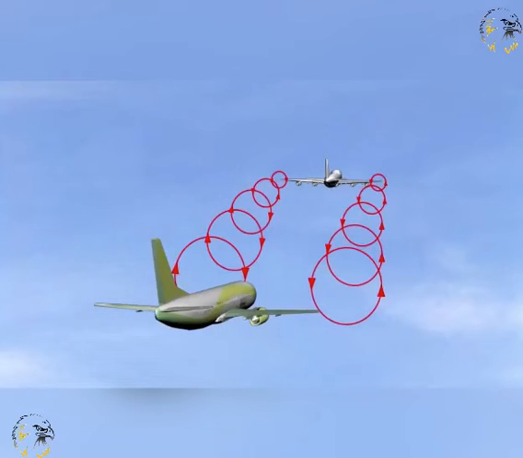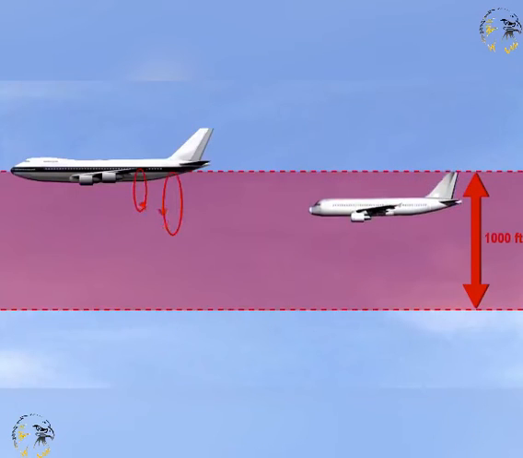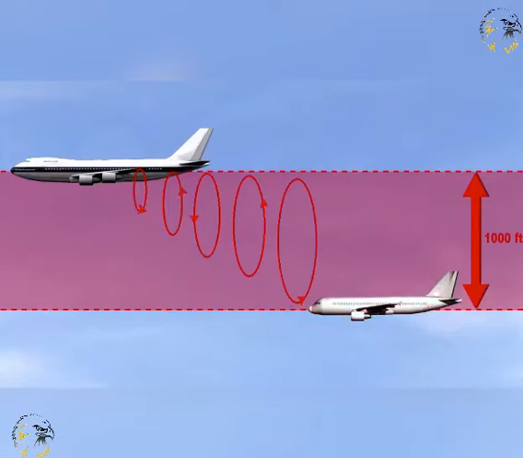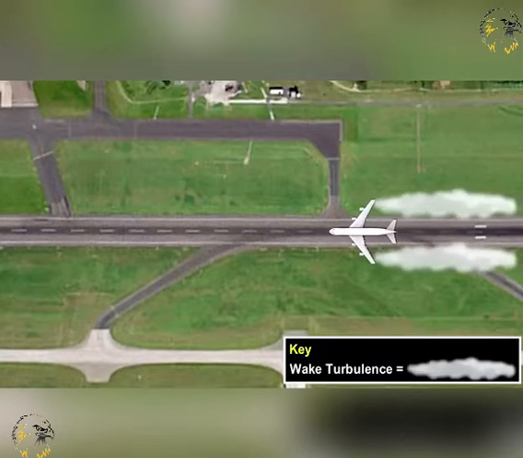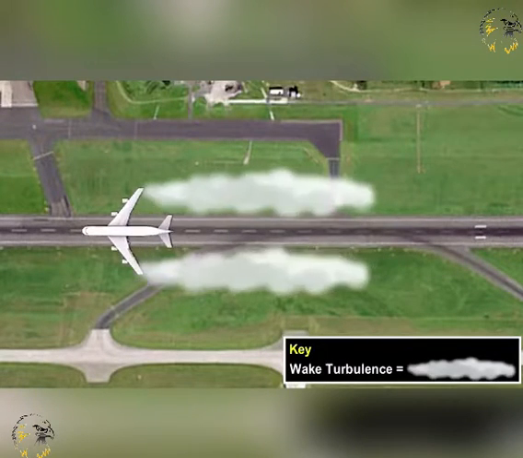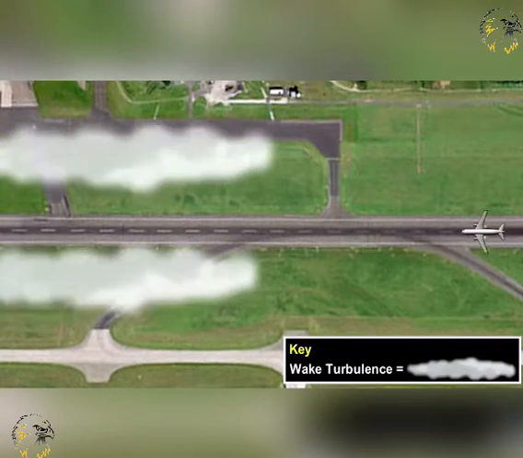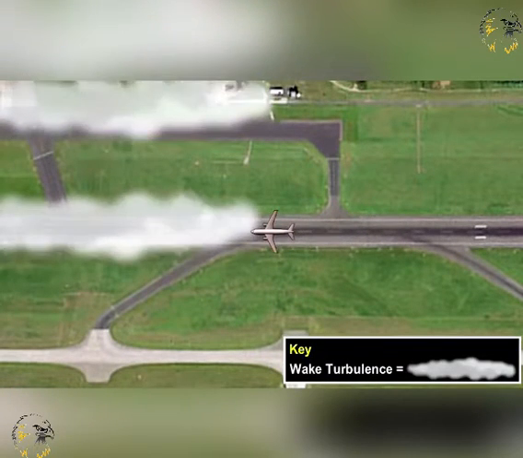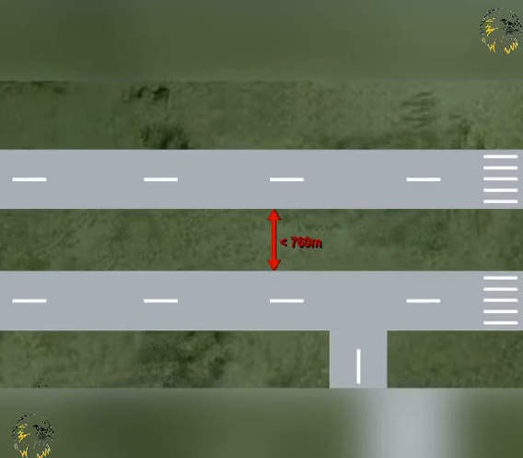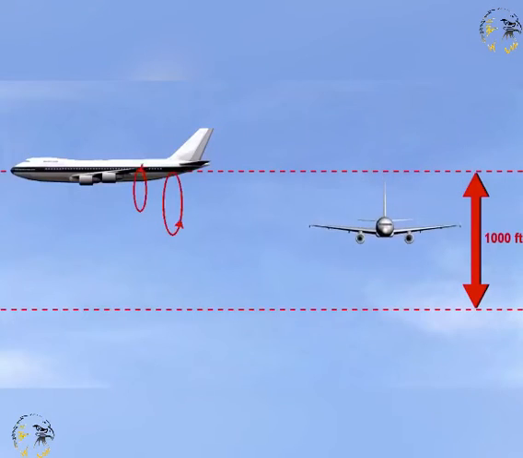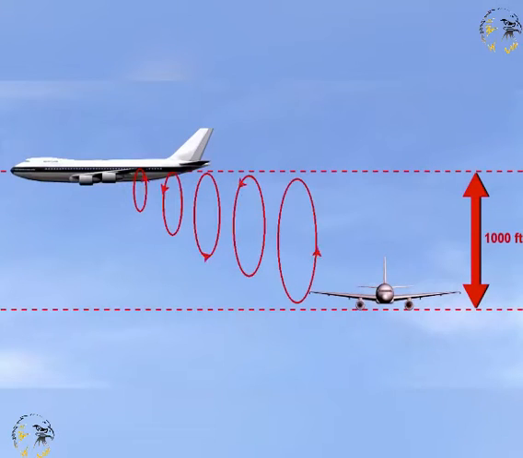This set of minima will be applied when an aircraft is operating directly behind another aircraft at the same altitude or less than 1,000 feet below, both aircraft are using the same runway, or parallel runways, separated by less than 760 meters, or an aircraft is crossing behind another aircraft at the same altitude or less than 1,000 feet below.